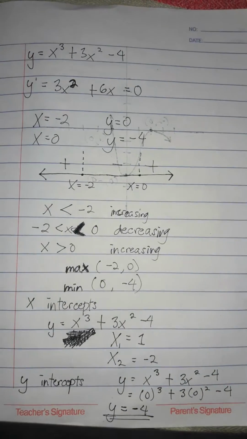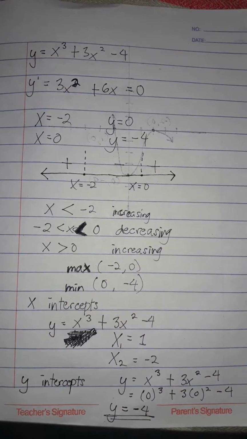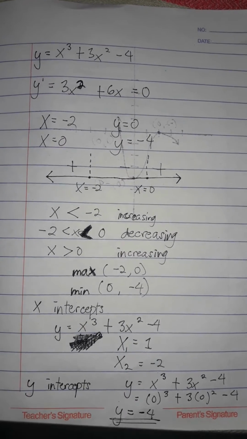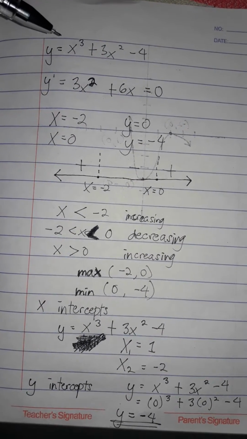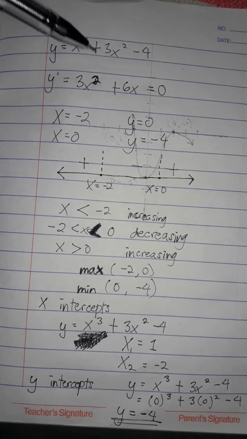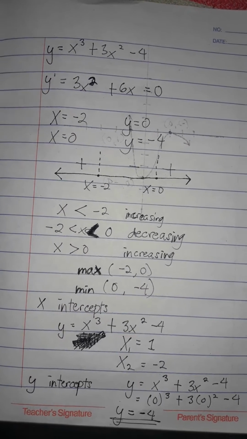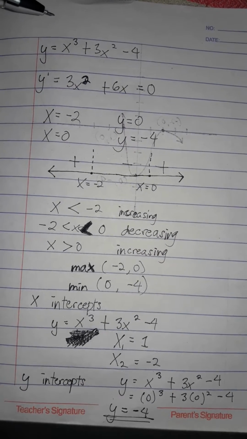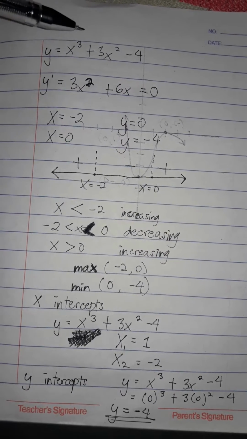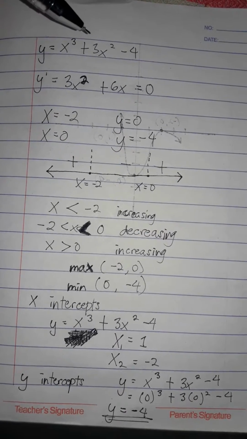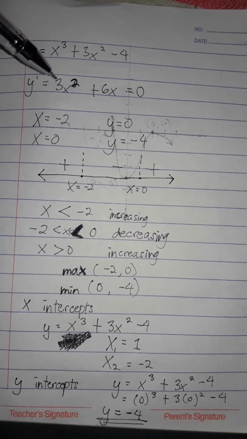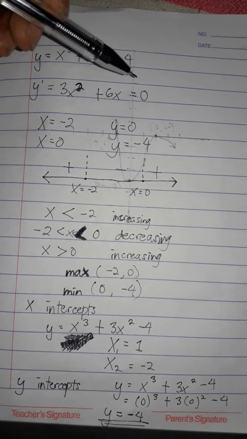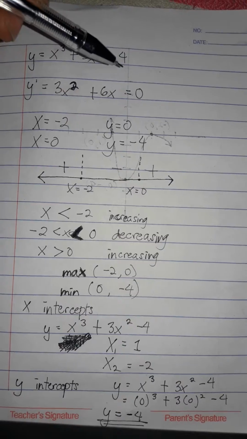What we have here is an equation in which we will find the critical points. So, we have here x cubed plus 3x squared minus 4. First, we're gonna need to get the derivative of x cubed plus 3x squared minus 4, which is 3x squared plus 6x, and we're gonna need to equate it to 0.